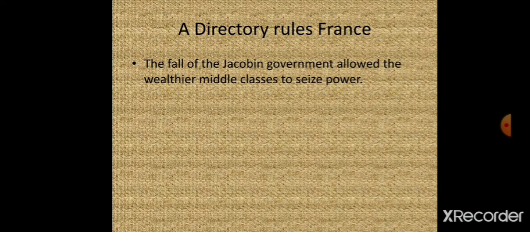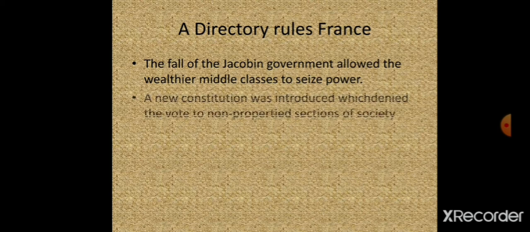When Maximilian Robespierre was convicted and killed, the wealthier middle classes who had money seized the power, and a new constitution was introduced which denied the voting right of the non-propertied section of society. From now onwards, the non-propertied section of society would not have any kind of voting right.